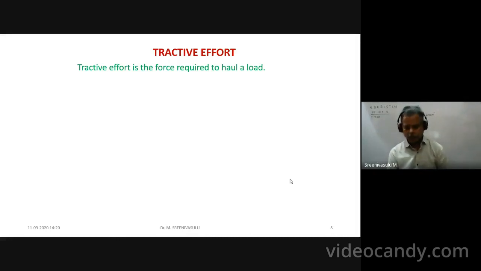So we can see the importance of this slip, in particular, in the level of traction.